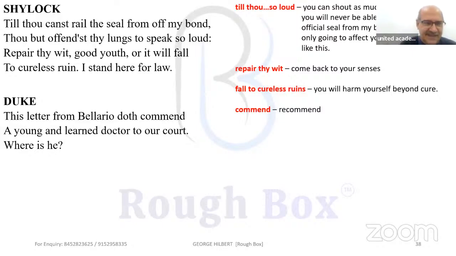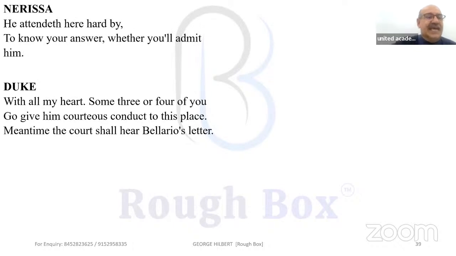Where is he? And Nerissa, who is standing by, says, "He attendeth here hard by, sir." He is standing close by, sir, just outside the door, to know your answer, whether you will admit him or not. To know whether you will allow him to take Bellario's place or not.